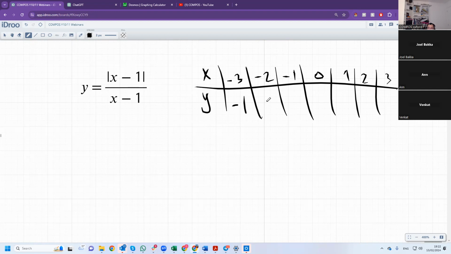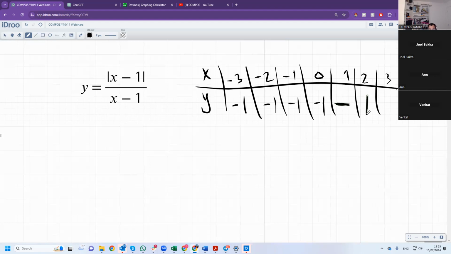Ooh, yes, they are two lines that never touch. Absolutely. Two horizontal lines. Well, they are parallel technically. So if you substitute the values, it's going to be minus 1, minus 1, minus 1, minus 1. At 1, it doesn't exist because you can't divide by 0.